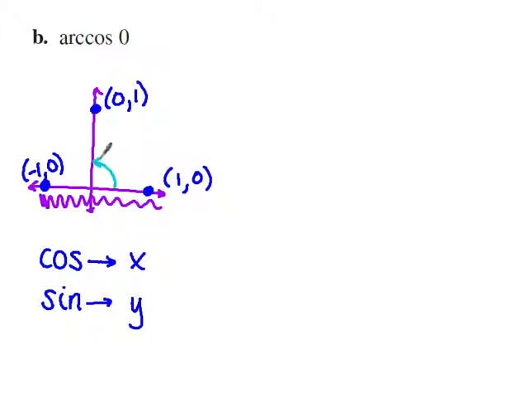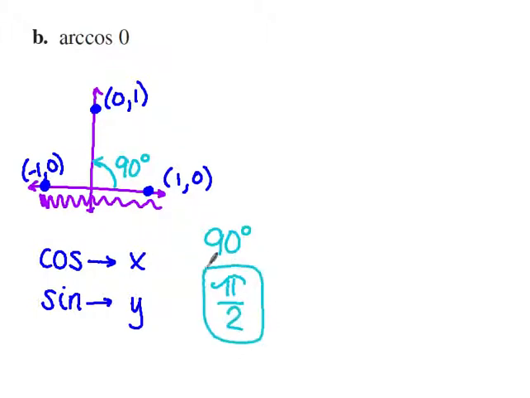At this one, which is a measure of 90 degrees. So my answer is 90 degrees, but I won't take that because it needs to be in radian form. Pi over what? 2.